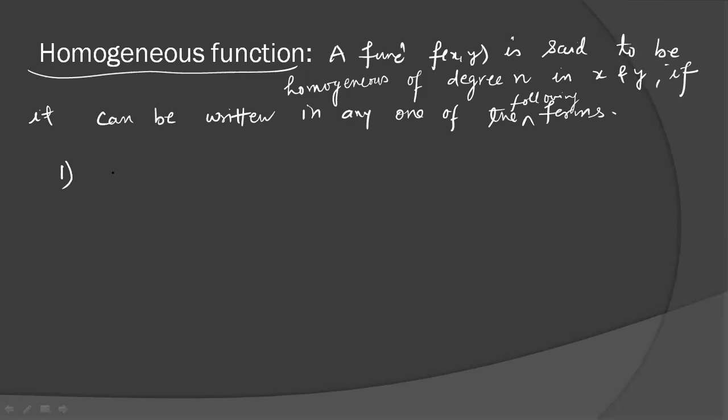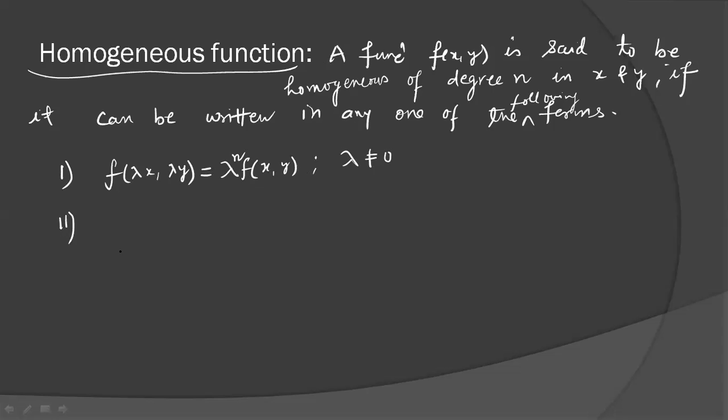First form is f of lambda x comma lambda y is equal to lambda to the power n times f of x comma y, where n is called the degree, for any non-zero scalar lambda. Lambda is not equal to 0 here.